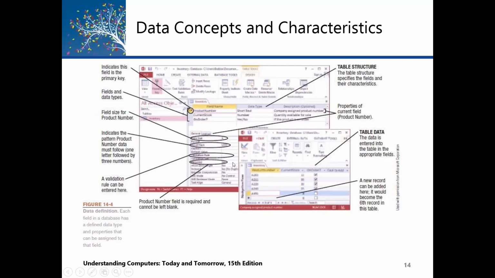So the entire table structure is here. Here, only field names and values are available. We can't see the data type or size in the main table.